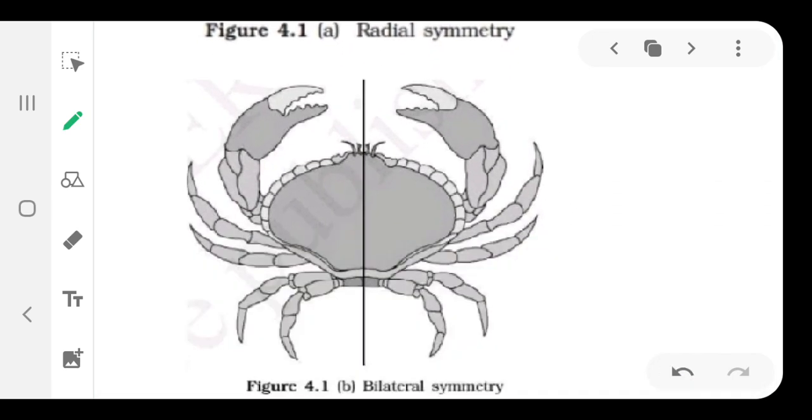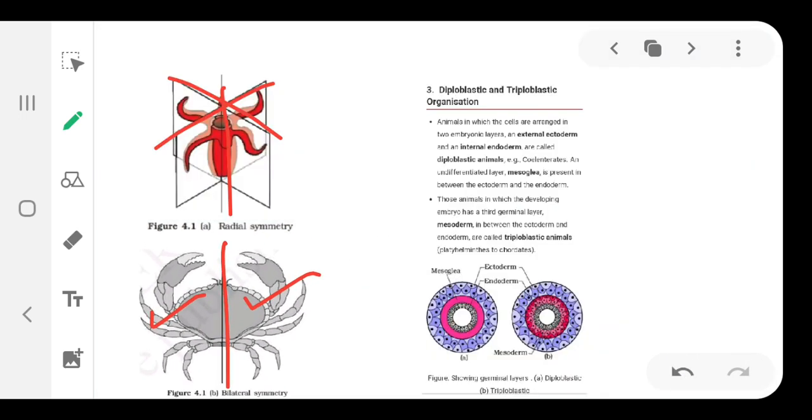But in the case of bilateral symmetry, I can only go for one plane like that. So you have one half here, one half this side. That is bilateral symmetry.